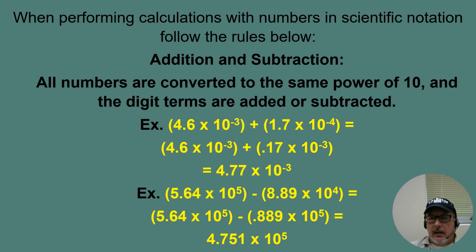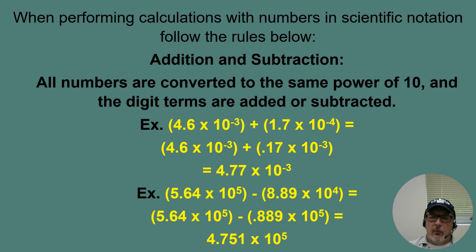We begin by taking the second expression, 1.7 times 10 to the negative 4, and converting that to 0.17 times 10 to the negative 3, by moving the decimal place one place to the left and changing the power of 10 from negative 4 to negative 3.